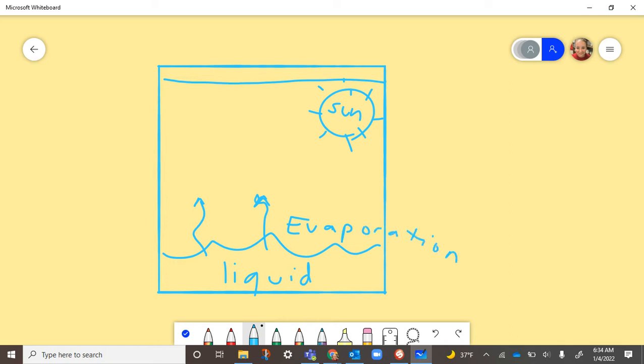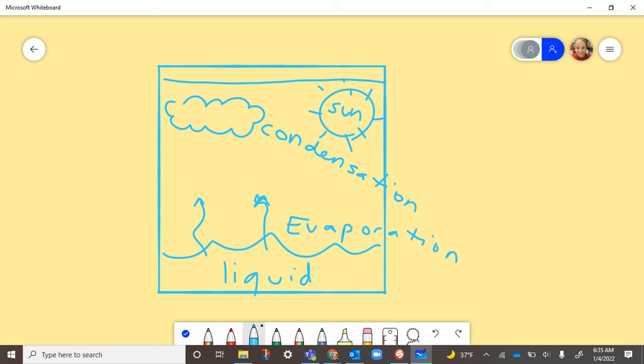And due to the density, that water vapor will rise. And as it's rising, it's condensing. It's a lot cooler as you get higher and higher in the sky. And so it starts to condense and form a cloud. This is condensation. And then when that process happens, so here when the sun is evaporating, we're going from a liquid to a gas.